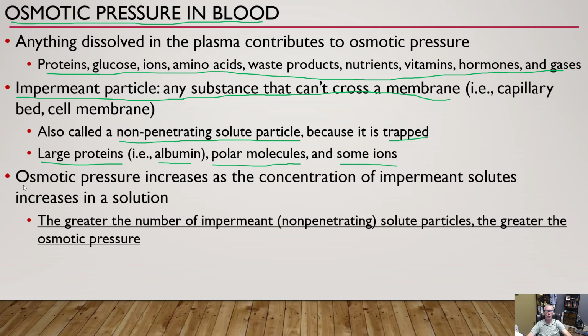As we have more impermeant particles, we're going to have higher osmotic pressure. So the greater the number of impermeant or non-penetrating solute particles, the greater the osmotic pressure. Hopefully that makes sense. If not, please let me know.